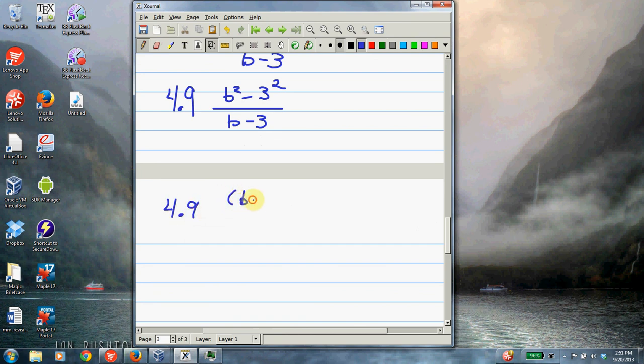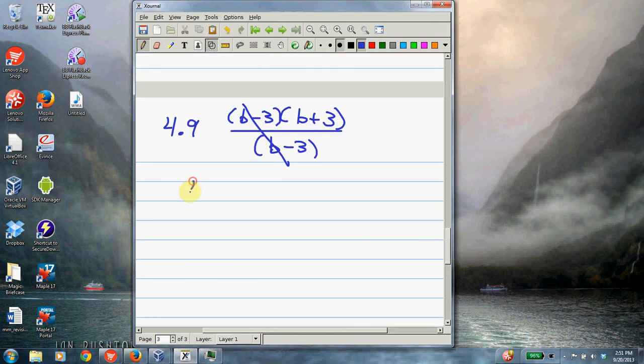So I write b minus 3 times b plus 3, but my brain thought that I meant 6. So b plus 3. And on the bottom is b minus 3. Okay. And these things cancel out. The b minus 3's cancel. And what we have here is 4.9 times b plus 3.